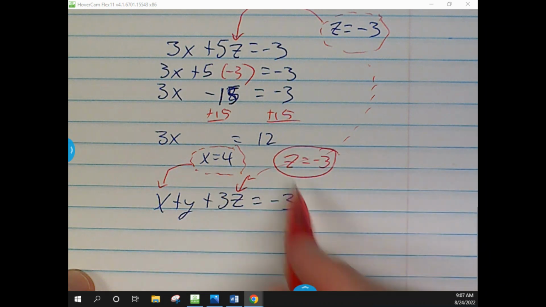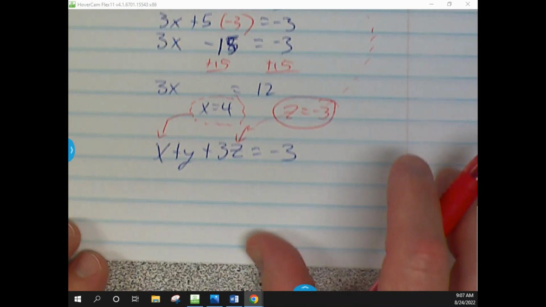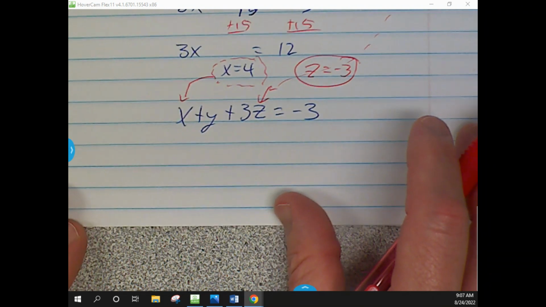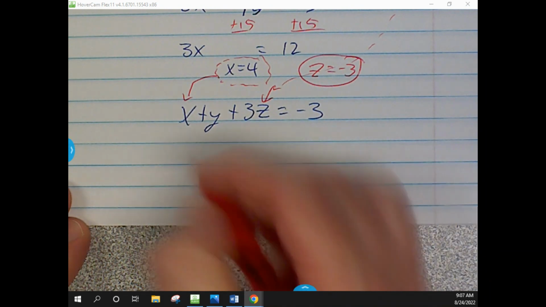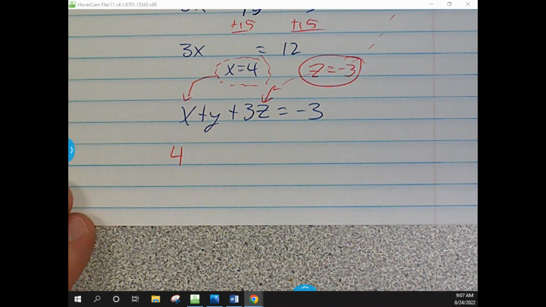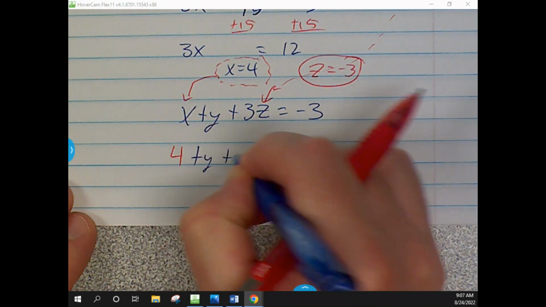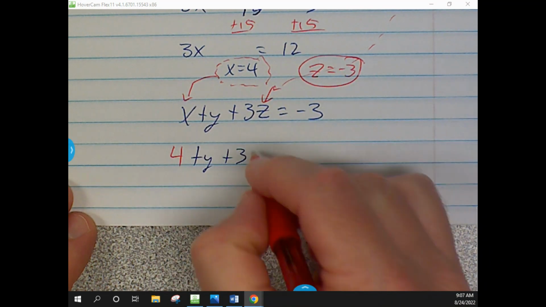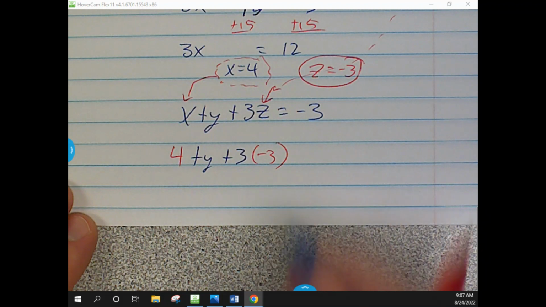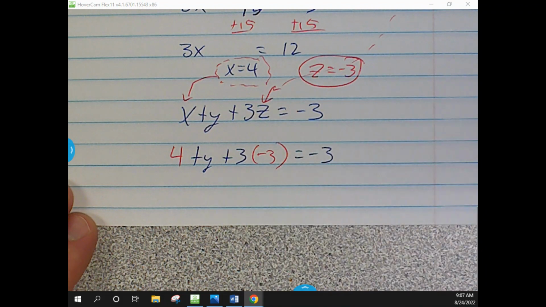Okay, so we know x is 4, we know z is -3, so we'll take those two numbers and plug them back into any one of the originals to help us figure out what y is going to be. All right, so that's 4 plus y plus 3 times -3 equals -3.